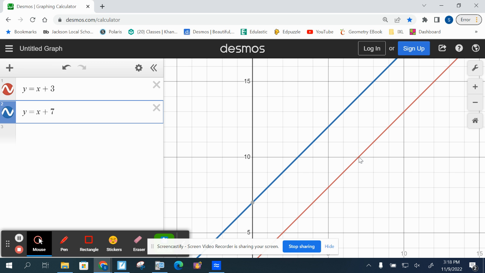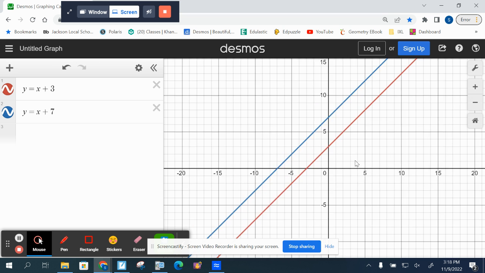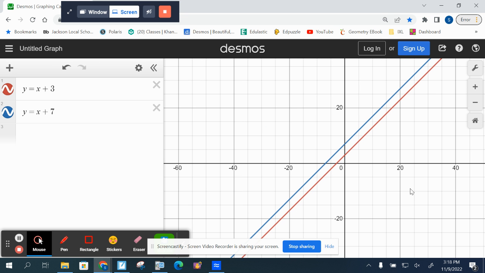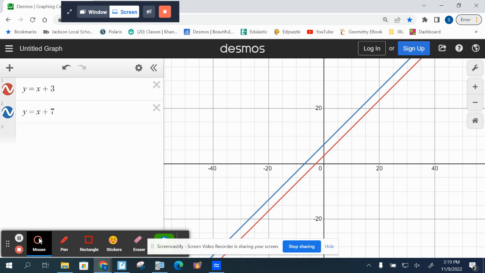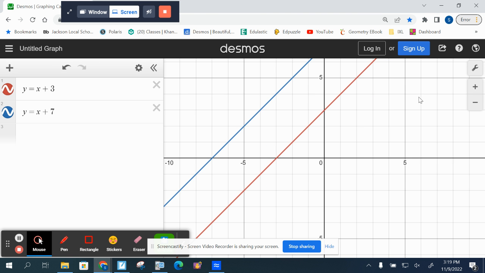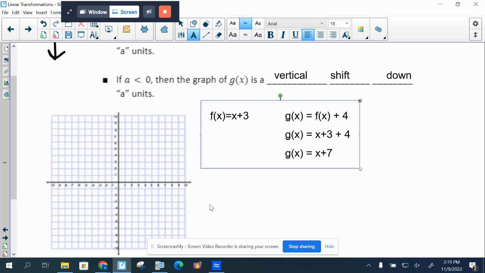So every point is being shifted up 4 units. And if you accidentally zoom out, because some of you like to scroll out and see what the graph looks like from afar, just press the home button to get back to the 10 by 10 window.